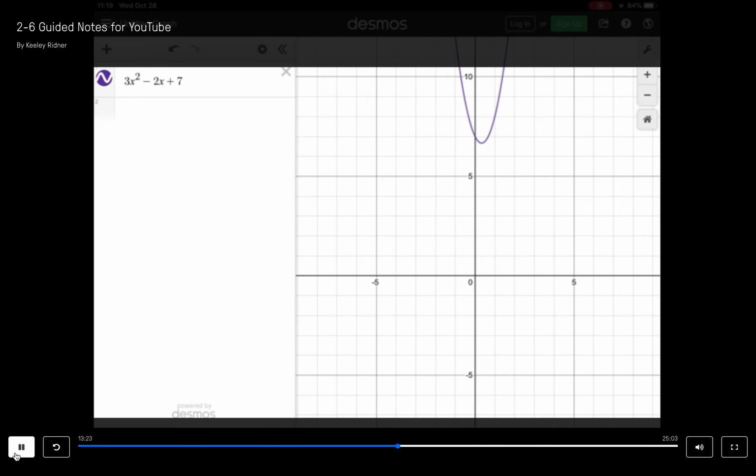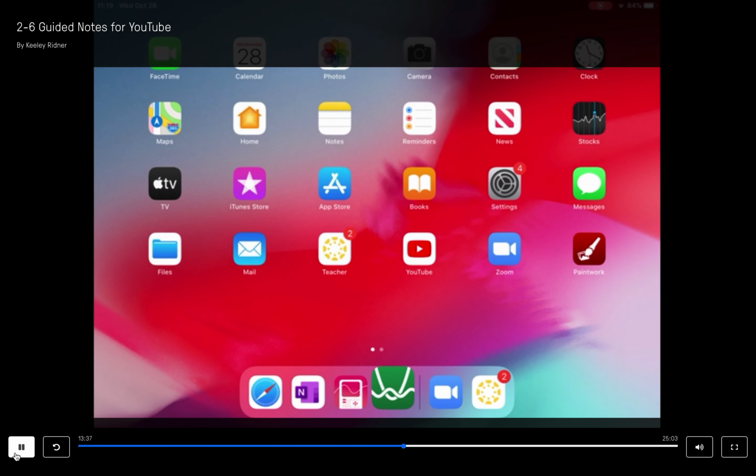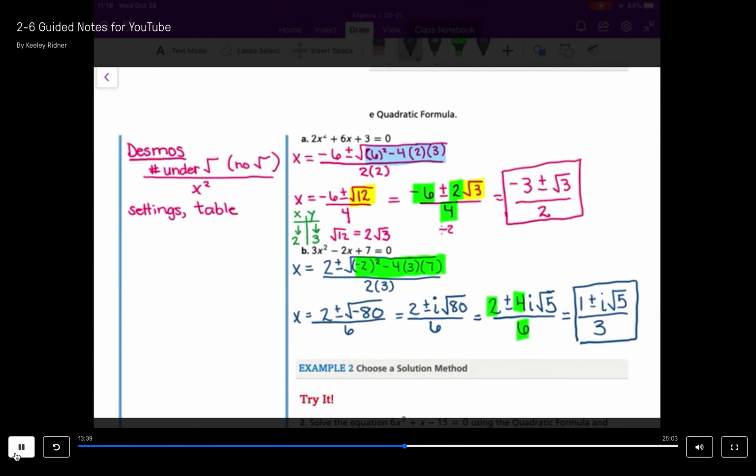Oh, well, that parabola doesn't cross the x-axis at all. So it doesn't have any real solutions. And so that's why I got i in my answer. No x-intercepts means i in my answer.